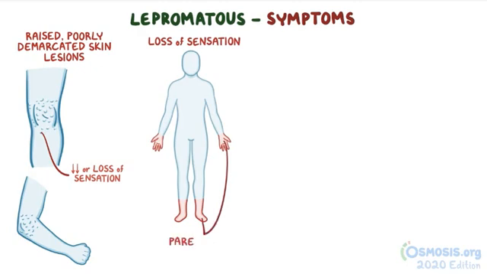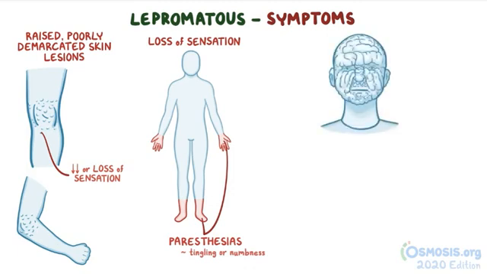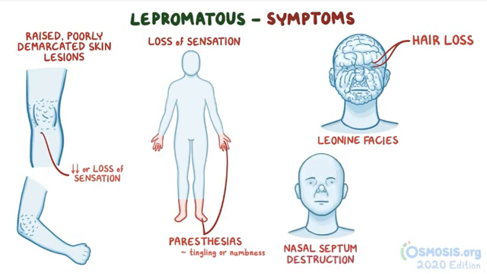There might also be paresthesias, which are abnormal dermal sensations like tingling or numbness in the hands or feet, lumps or swelling on the earlobes or face, which can result in a lion-like or leonine facies, and body hair loss, especially eyebrows and eyelashes. Worst case scenario, things progress towards gradual destruction of the extremities. So the nose might collapse due to nasal septum destruction, and fingers and toes might necrose and fall off. Yikes.